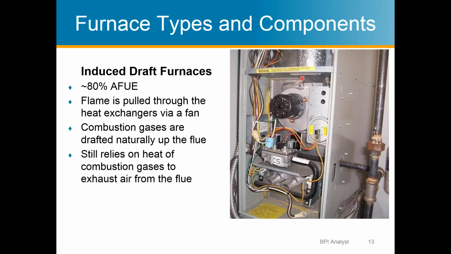So if you were to drill into this vent pipe and check the pressure, inside the vent pipe would be negative, because it's operating off of hot air rising, and the negative pressure inside that pipe helps suck out the exhaust gases. That's the same thing for what I've already shown you in the natural draft furnace and the wall furnaces. They all operate off of hot air rising, and that means that inside this vent pipe there's going to be a negative pressure.